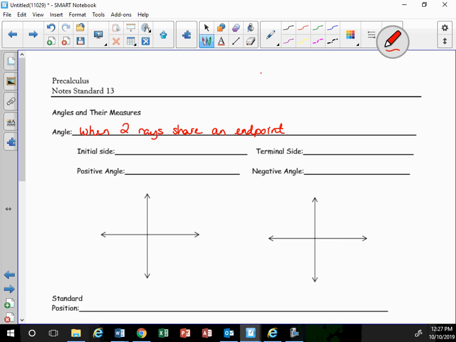So if I have a ray going this way, and then from that same endpoint another ray, that has created an angle. Okay. I think you guys know what an angle is.